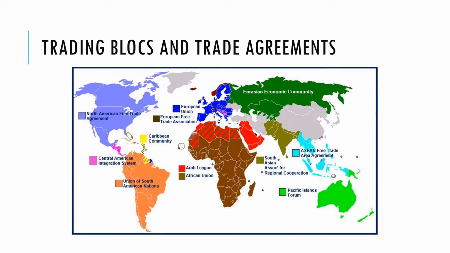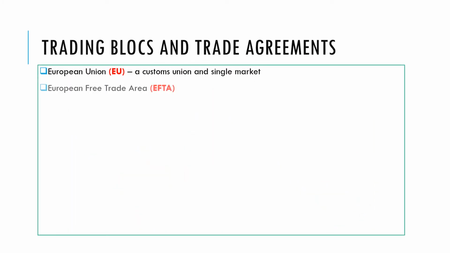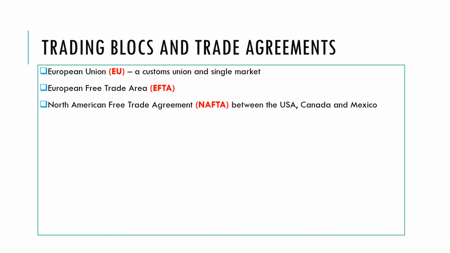So there are lots of different types of trading blocks and different trading blocks in existence, and we need to have an awareness of some of them. We're going to look at 3 in a little bit of detail, but here are some examples of more common ones. The European Union is a trade bloc we're going to come on to look at in a second. The slightly wider European Free Trade Area. The North American NAFTA agreements.